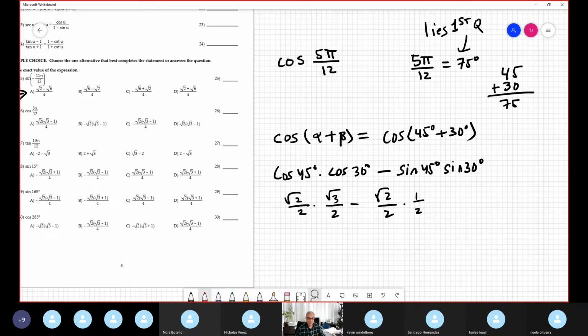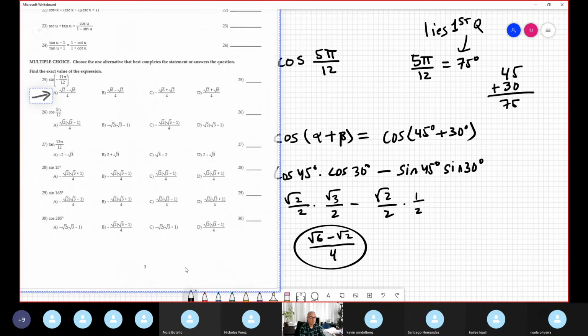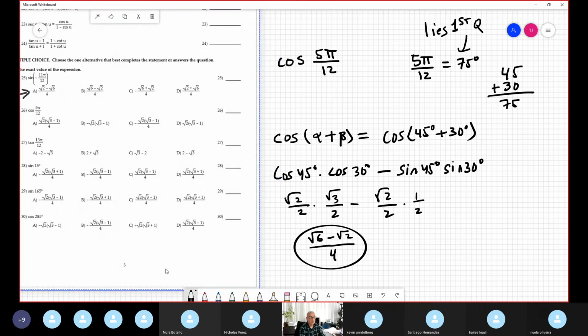Okay. Now the cosmetic part. Radical 6 over 4 minus radical 2 over 4, because the LCD is 2 times 2 gets 4, and that's the answer. Okay, let me see what option is correct. Oh no, they are using another way.